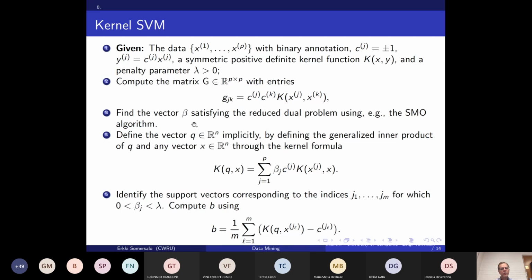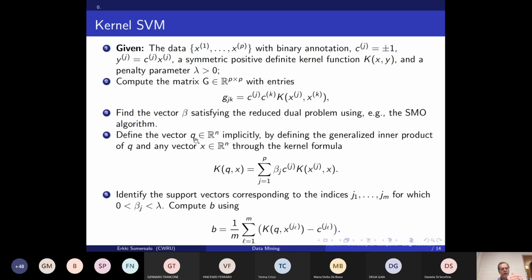Okay, so now if this were the support vector machine, you would have your vector q. You can define your vector q, but we are doing it implicitly because we don't want to define the support vector or the vector q in Rn. We want to use a quantity that is defining the inner product with q.